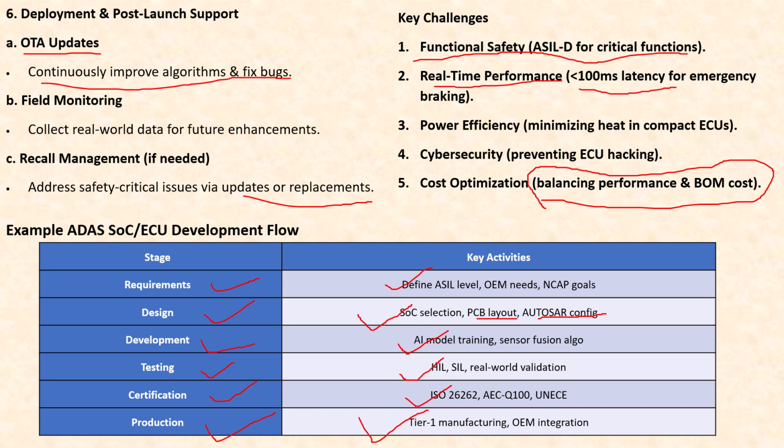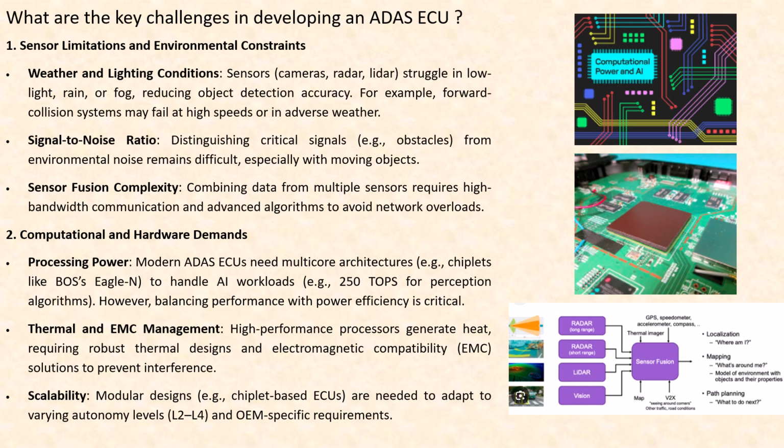Now, to continue further, what are the key challenges in developing the ADAS ECU? Let's see them in a very elaborate manner. First, the sensor limitations and environmental constraints. Weather and lighting conditions: sensors struggle in low light, rain or fog, reducing object detection accuracy.